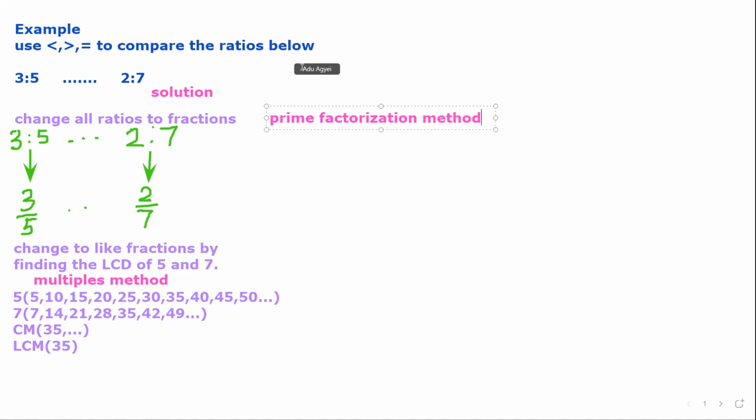And that one too, you make a simple table. The denominators here is 5, and the other one is 7, okay?